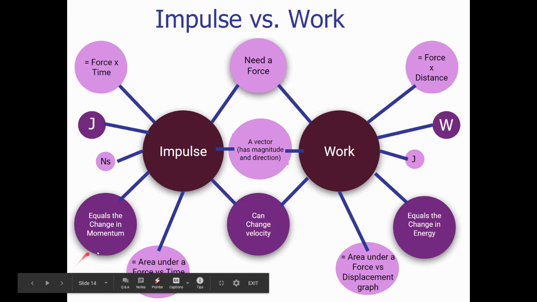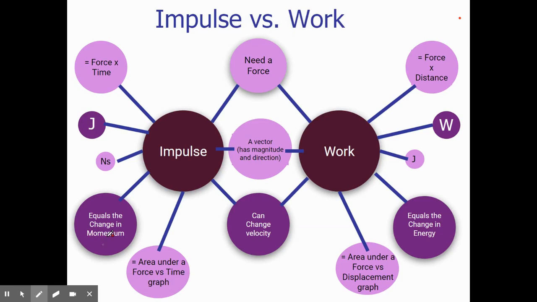So let's look at this. For impulse, this is going to be your change in momentum, compared to work, which is your change in energy. Either one of these can change the amount of velocity that an object has.